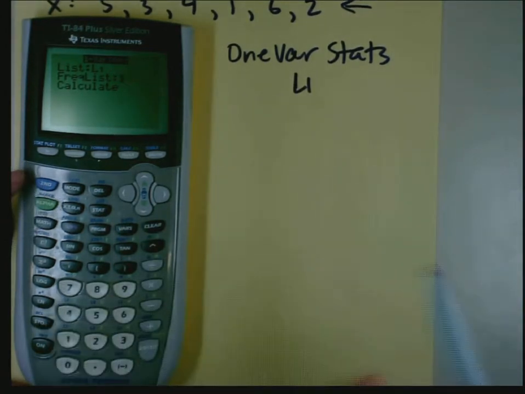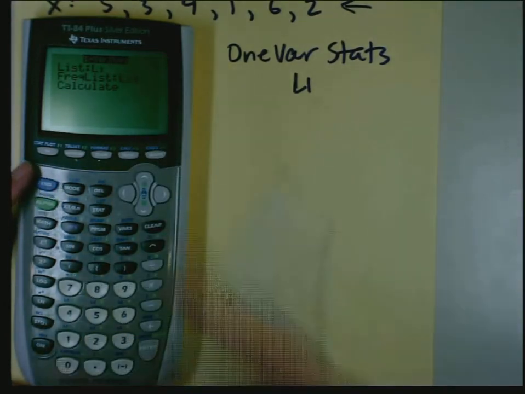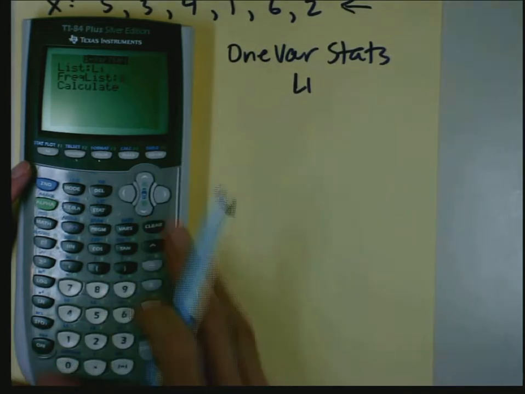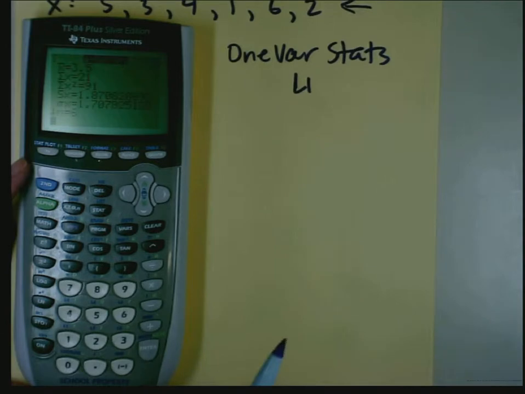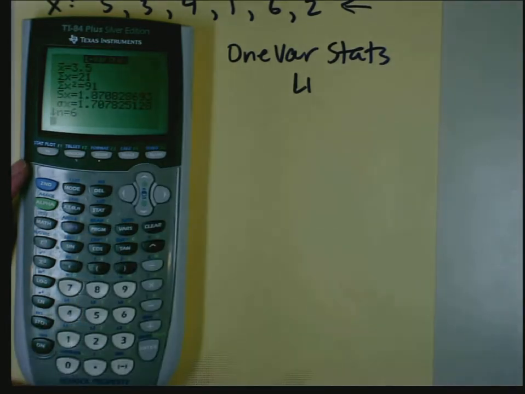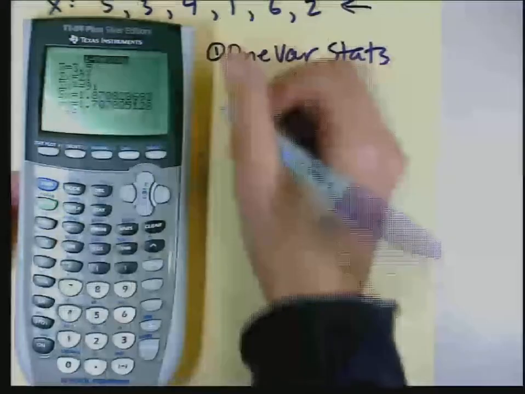If you had a 1 here, or maybe you had L2 here or something, just arrow over and hit clear. You want that to be blank. Now I hit calculate, and I get the same values that I had for the other version of the calculator. If I arrow down, arrow up, I've got all the same values. So that's one calculation we want to be able to do.